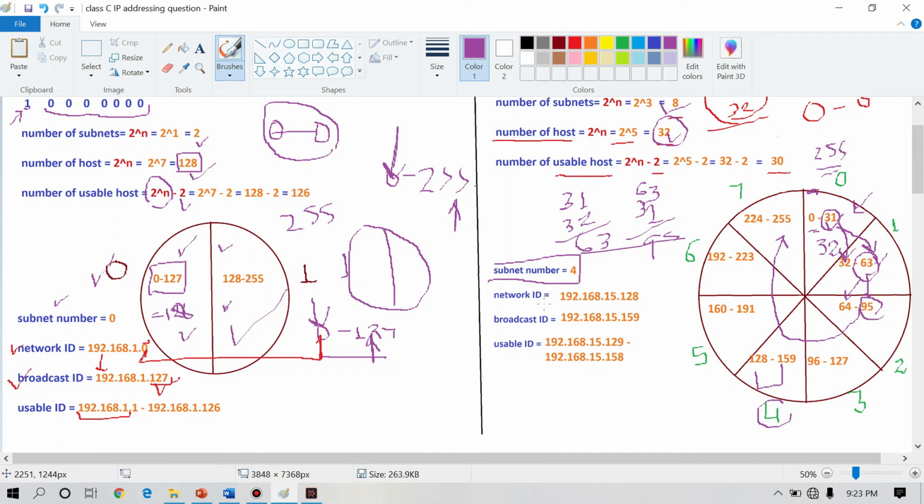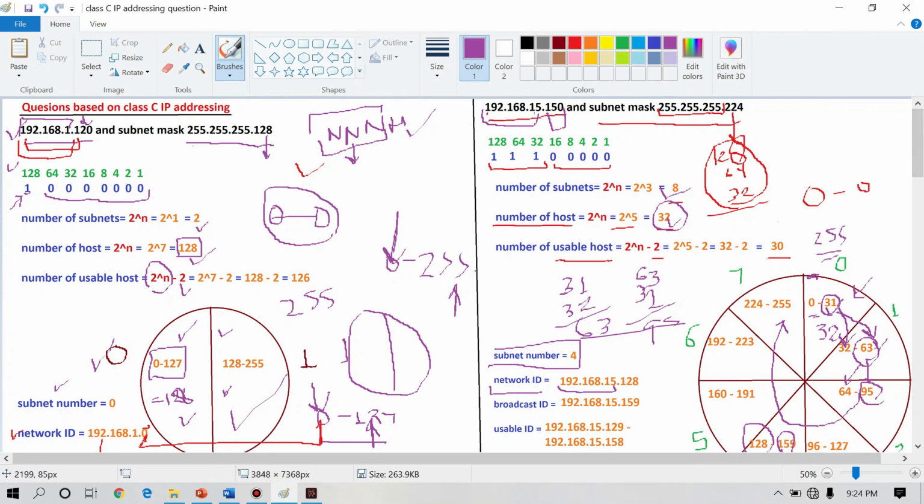What is the network ID? As I have told, the first bit is reserved for network and the last bit is reserved for broadcast. So write these 3 parts from your IP address. From here, 192.168.15, I have written the same thing, and write 128, the starting bit of the subnet. This becomes our network ID.